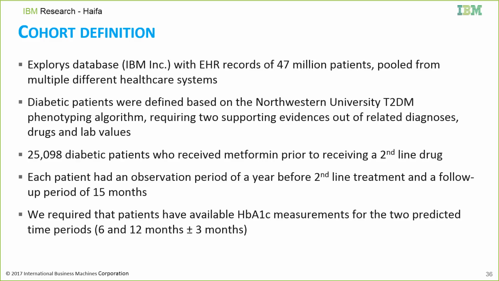I don't know if you're familiar, but there is a protocol for identifying the patient. We basically require 2 supporting pieces of evidence for a patient being affected by this: diagnosis, drugs, and lab results. And there's some issue here of distinguishing type 1 and type 2.